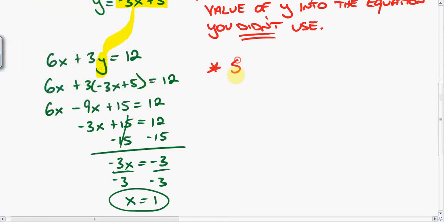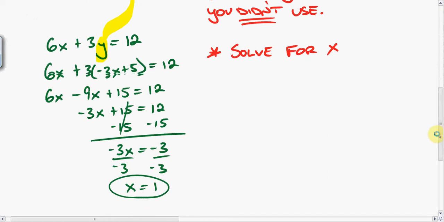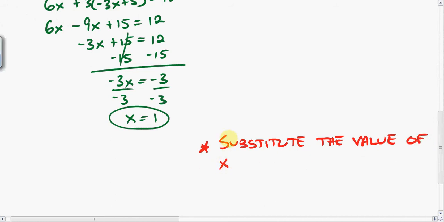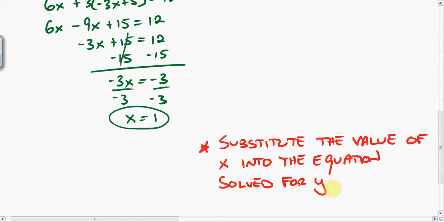So what did we do here? The next step would be solve for x. That's what we just did. And after we solve for x, I'm going to substitute or replace the value of x into the equation solved for y.